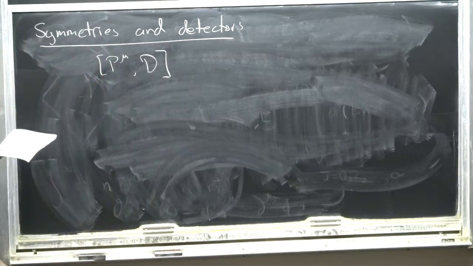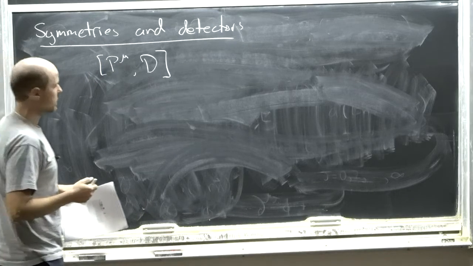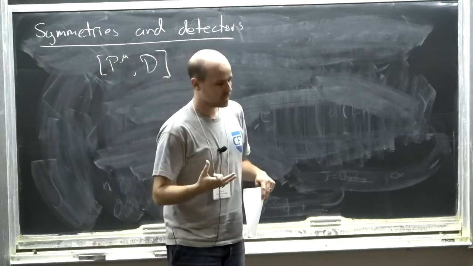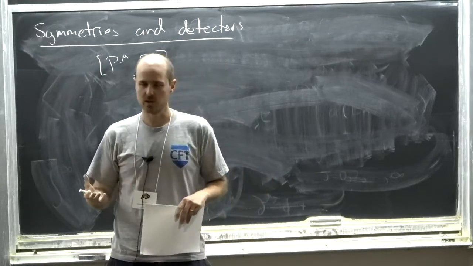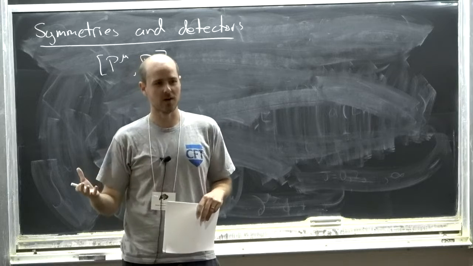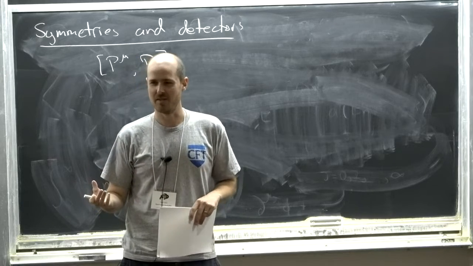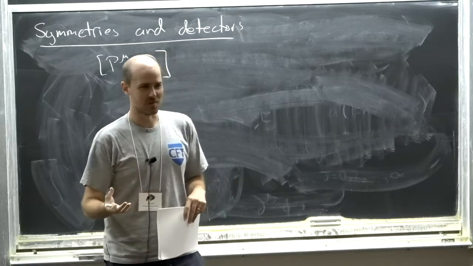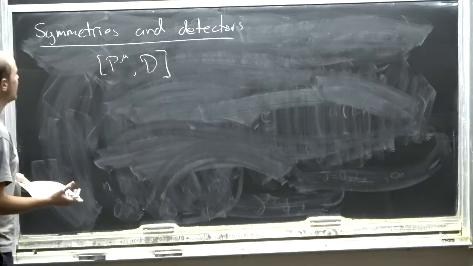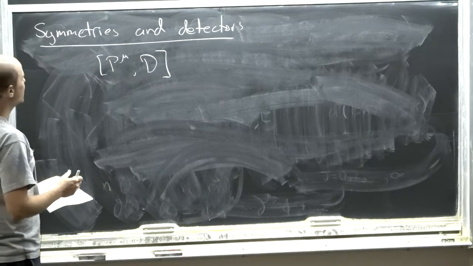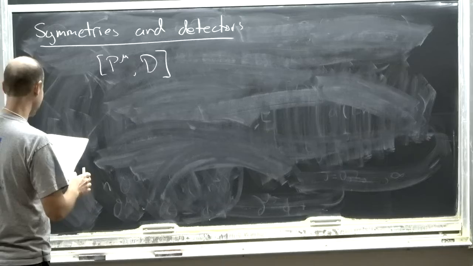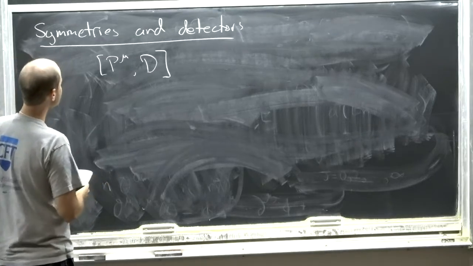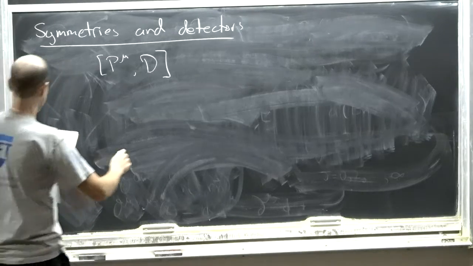Physically, the idea is that the length scales and time scales associated with the collider should be much, much longer than the length scales and time scales of the thing that it's measuring. This is certainly true, often true, in practice. So this is a natural thing to demand.